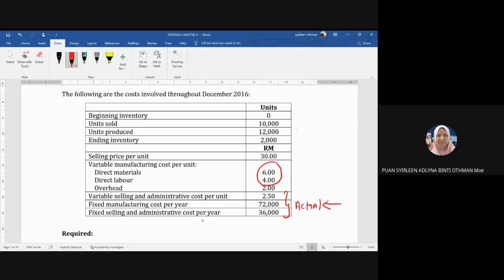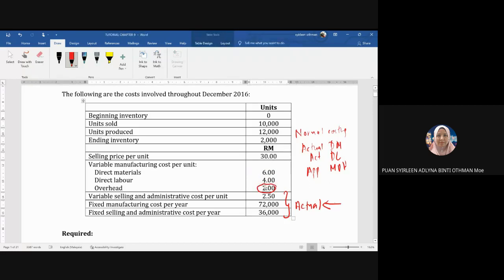Sebab kita tahu normal costing, dia ialah actual DM, actual DL and applied MOH. Okay, so apa guna RM2 ni madam? RM2 ni awak tak akan guna untuk apa-apa tapi you akan guna untuk adjustment.